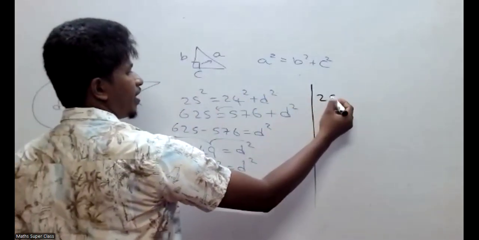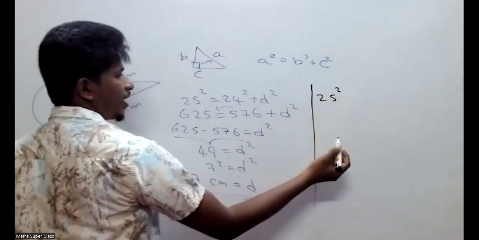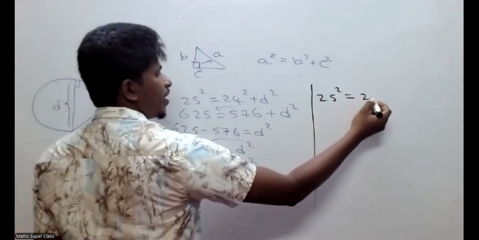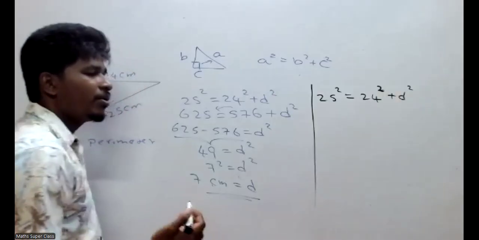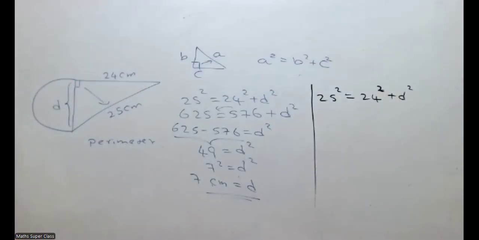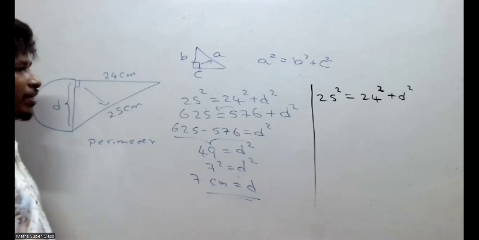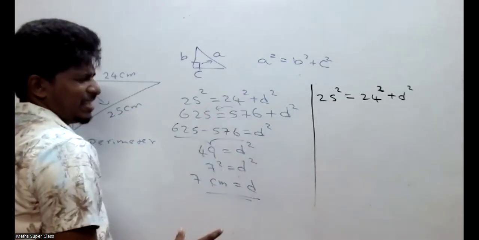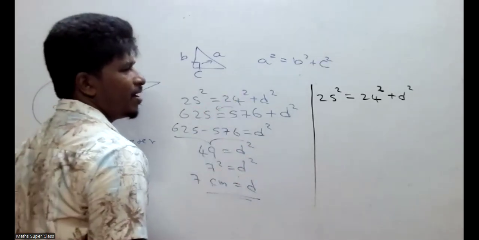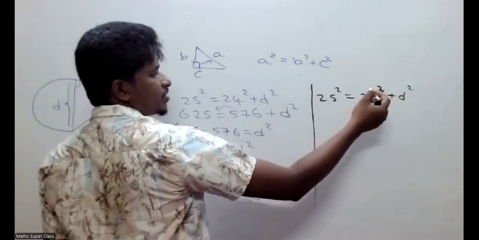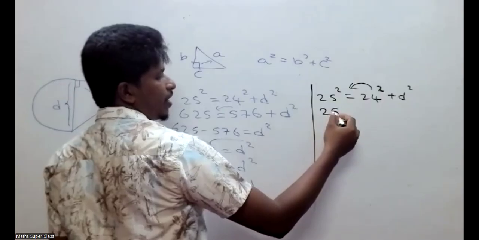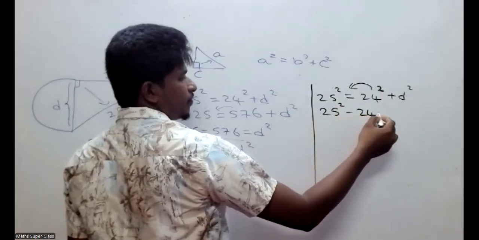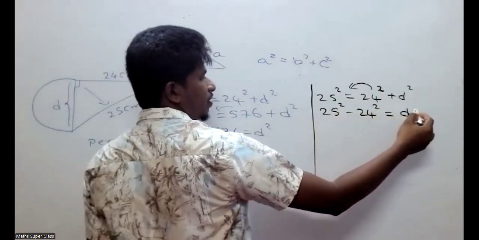Same thing: 25 square equals 24 square plus D square. Some of you can't remember these values, so you can't waste your time. If you know these values, this is easy. If you can't remember, just first make D square the subject without multiplying. 25 square minus 24 square equals D square.